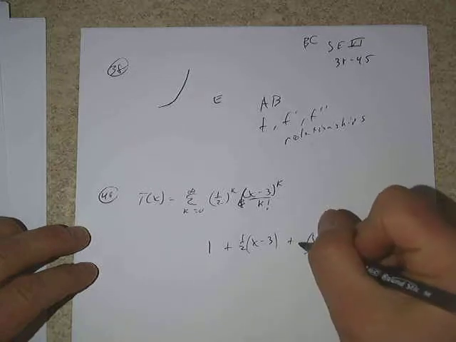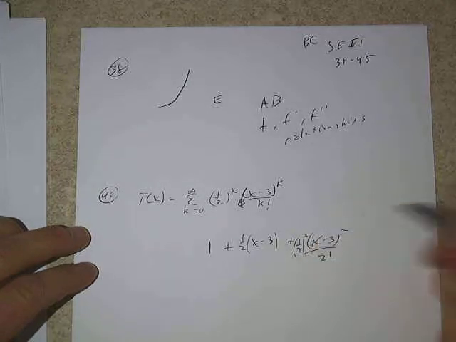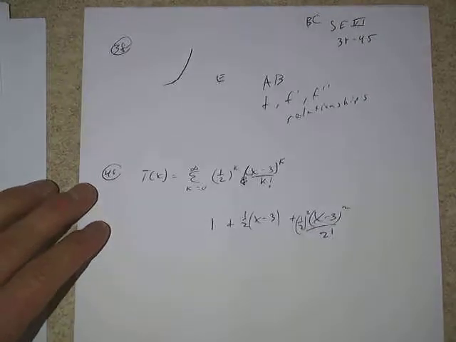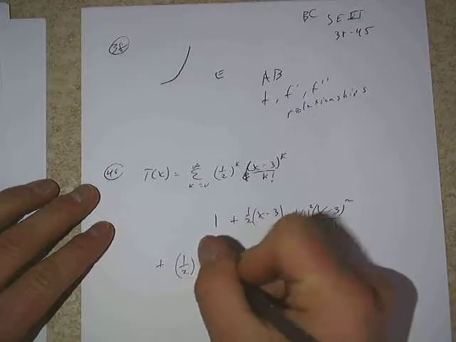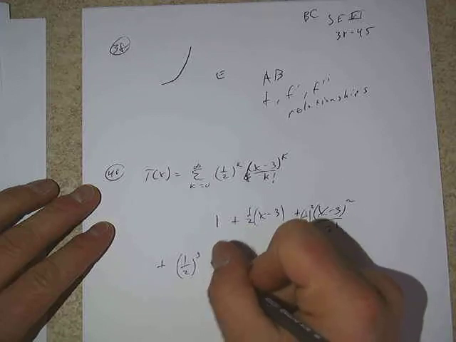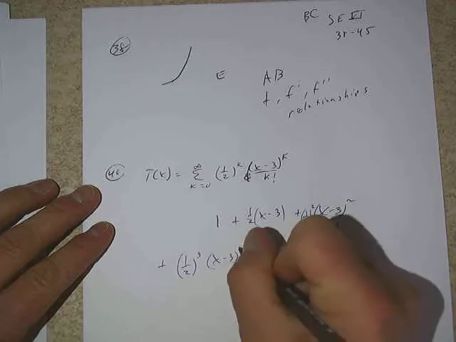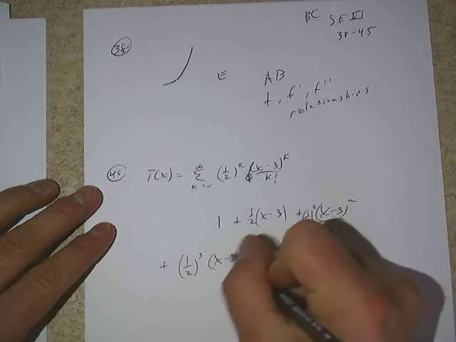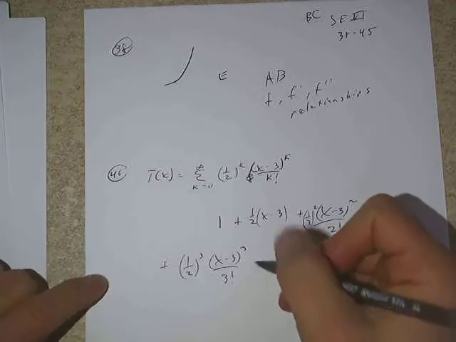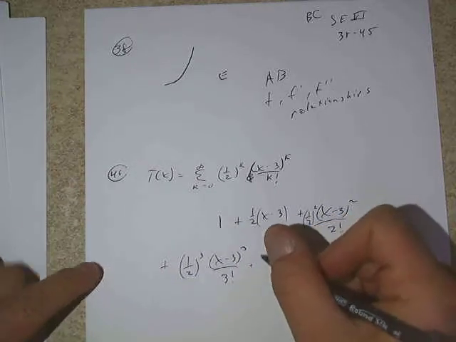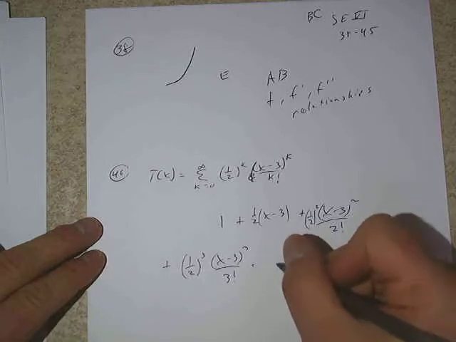Alright, and if I kept going, I'm going to get squared over 2 factorial, and I'm going to have a half squared here. Just going to leave it unmultiplied at this point. And then if I kept going, I'd end up with a half to the third, x minus 3 to the 3 over 3 factorial.